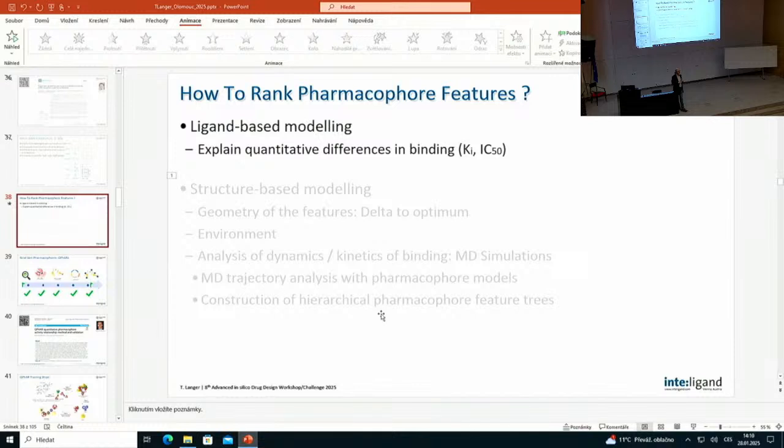Both with Conforge, but also with ICon, we are confident that within the family of conformers that we generate, the bioactive conformation is there. Maybe not the absolute minimum conformation, but at least the bioactive conformation, which is what we want to find.